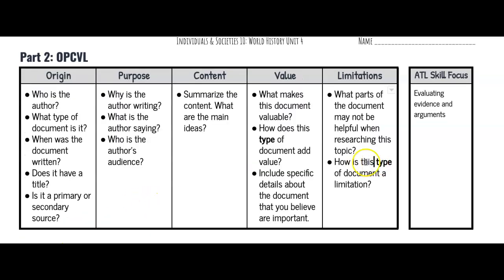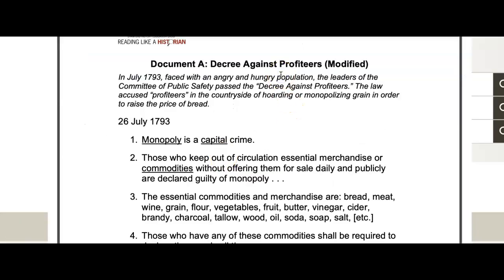Our second question, how is this type of document a limitation? Well, it's a decree, so it's official, and we know it's officially against profiteers or people who are in the specific circumstance with hoarding food or commodities, but is it too limiting in its scope? Meaning, are there other professions that this type of activity might also fall into that are not included?